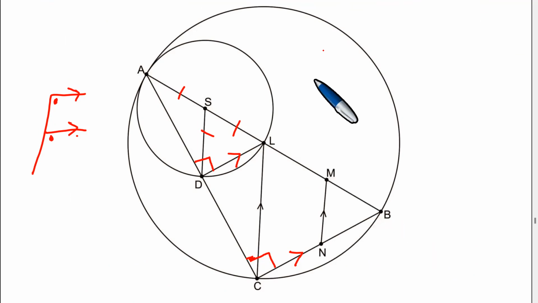If you look at these carefully, BN over NC is equal to BM over ML, for example.